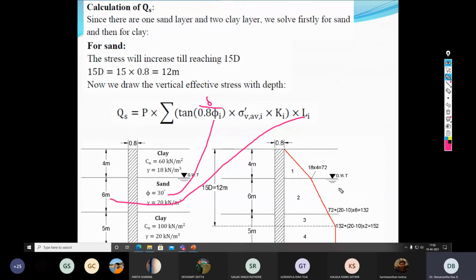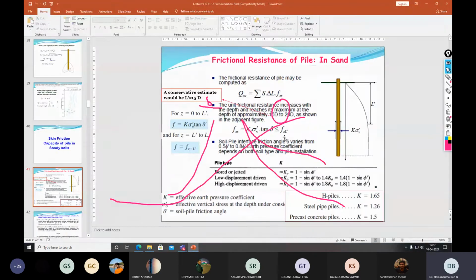Now you need to calculate sigma average. We have calculated sigma V at the top and at the bottom of the sand layer, so you need to calculate the average of these two. Another important factor is the earth pressure coefficient Ki. What value of Ki shall be taken? You can consider bored or jetted pile or driven pile.